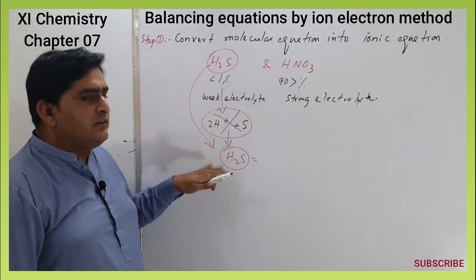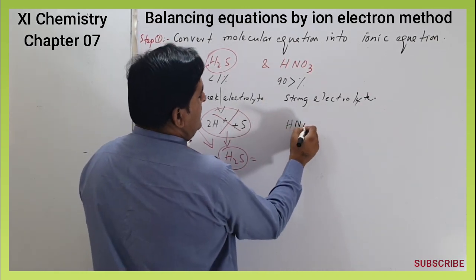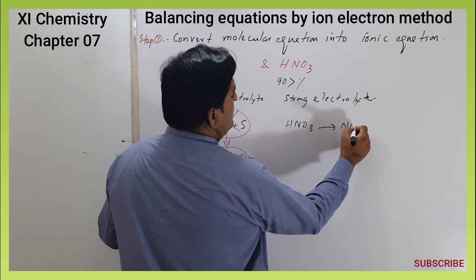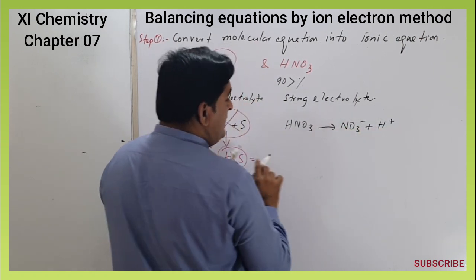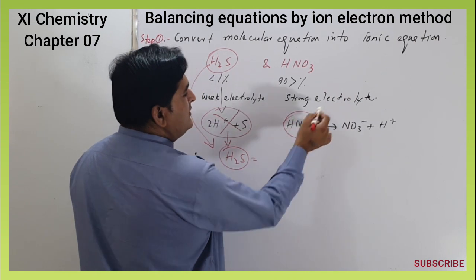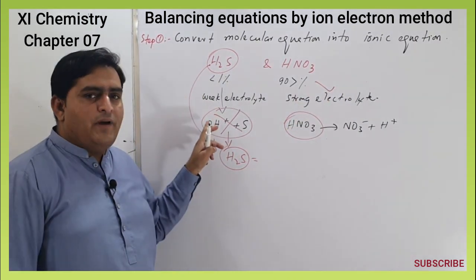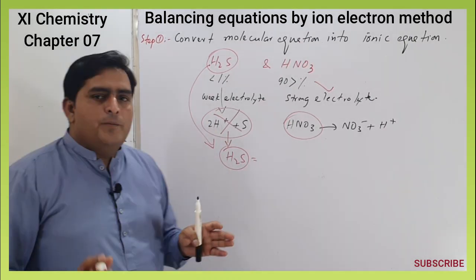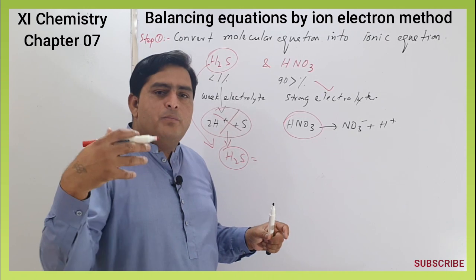We don't ionize these. In case of strong electrolytes such as nitric acid, when nitric acid is put into water, it produces nitrate ion plus hydrogen ion. So we ionize nitric acid because it is a strong electrolyte, but we do not ionize hydrogen sulfide. This first rule is all about your prior concept.